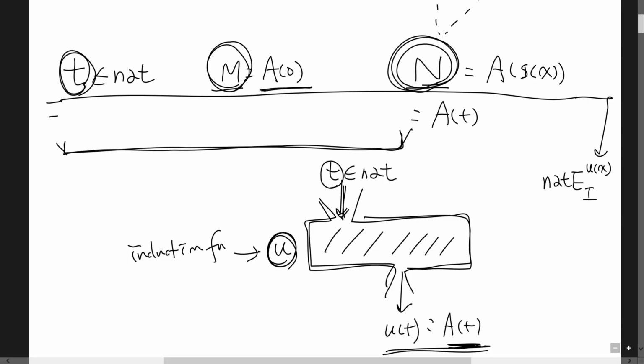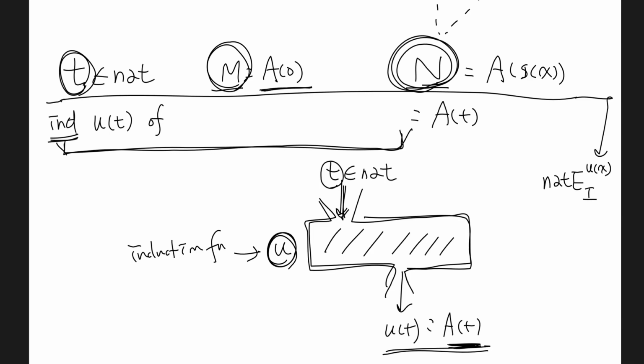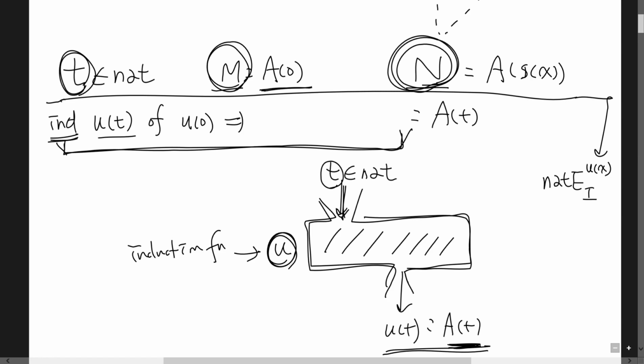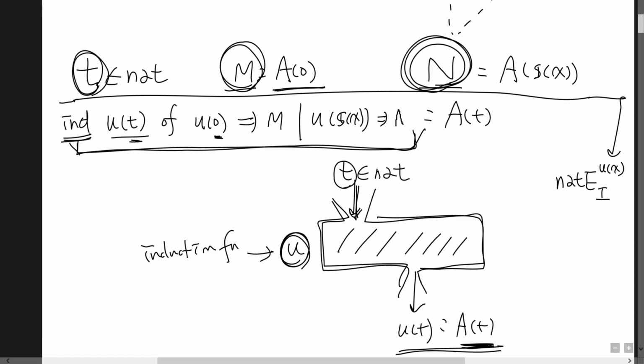So we use the keyword in to indicate that we are in the middle of applying induction. So we want to create u of t, and there are two cases. So we are performing some sort of pattern matching here. If this one matches with u of 0, in which case t is actually 0, we take this proof term m. Otherwise, we have u of successor of x, in which case we take this proof term n.